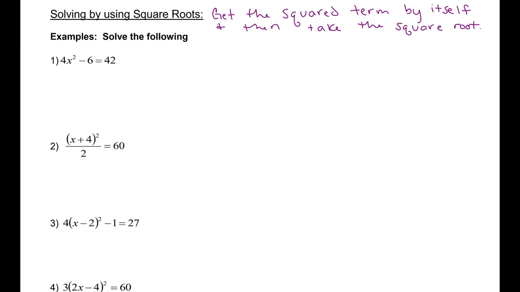Alright, so in example 1, the square term is just the x squared, so I'm trying to get that by itself. So we'll need to add 6 to both sides. And then divide both sides by 4.